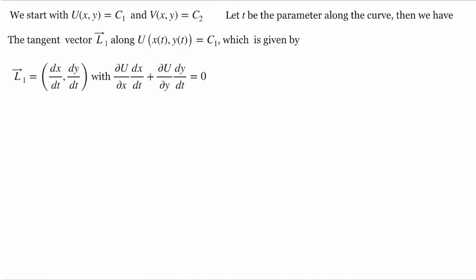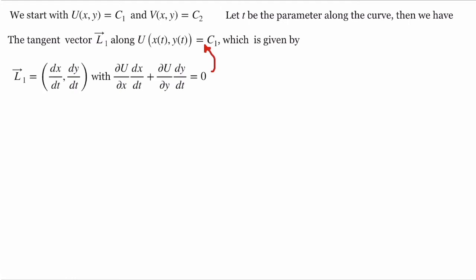In addition to that, it satisfies the condition that du/dx dx/dt + du/dy dy/dt = 0. This is essentially saying that du = 0, or u(x, y) = constant c1, which is the curve being represented by this equation.